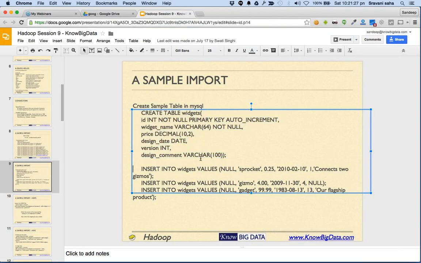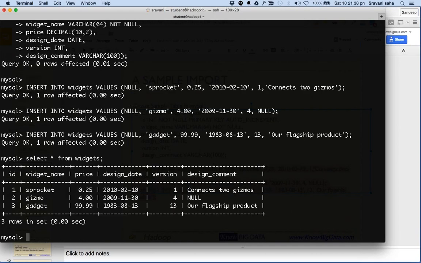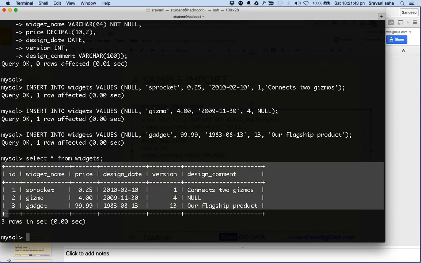All right. Afterwards, we insert the data into this. See that? So these are the records which are in MySQL. Let's try to import them into HDFS.